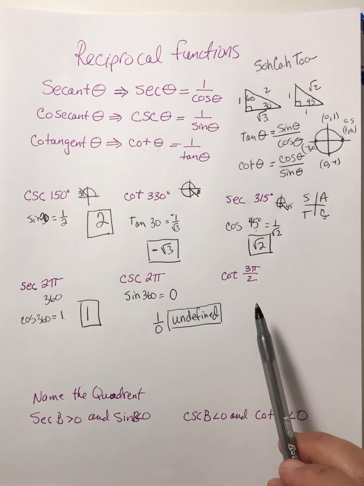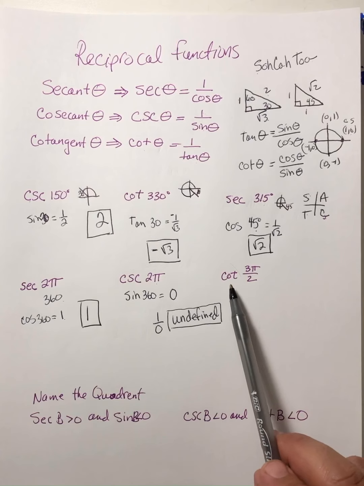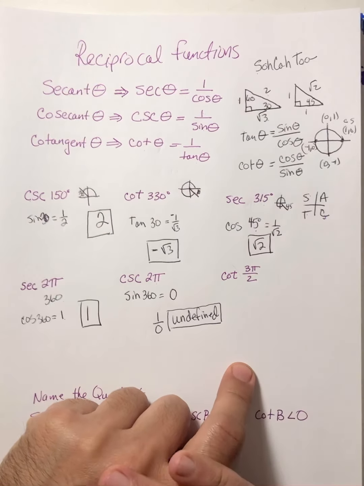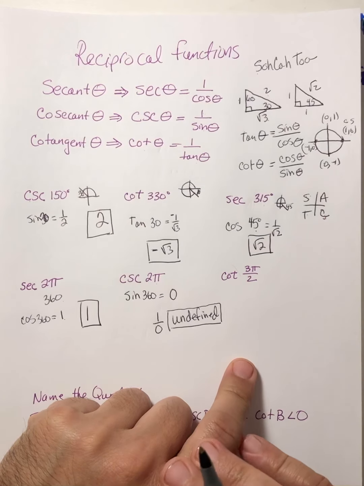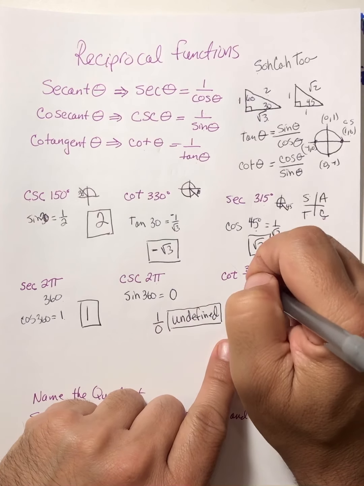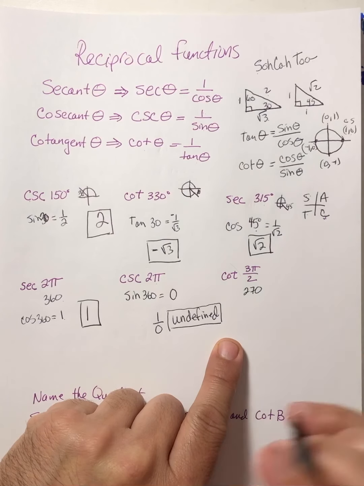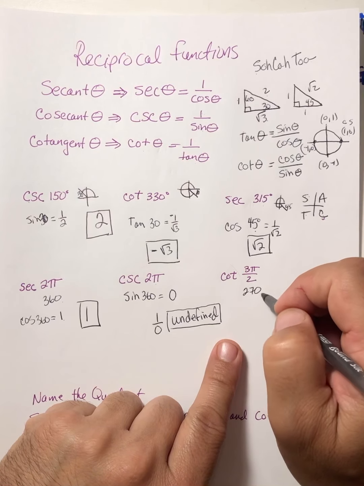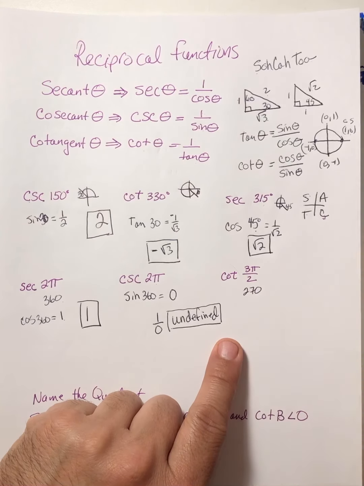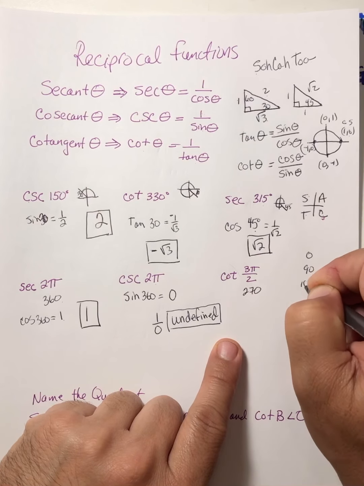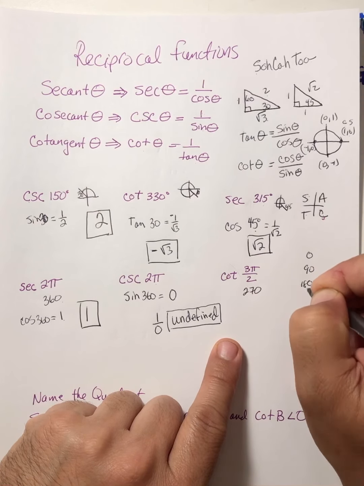All right, last one. Cotangent, 3 pi over 2. What's 3 pi over 2? Yes, you got it. That's 270 degrees. That's your other quadrantal angle. What are the quadrantal angles? Remember, 0, 90, 180, 270, 360, going back to the 0.